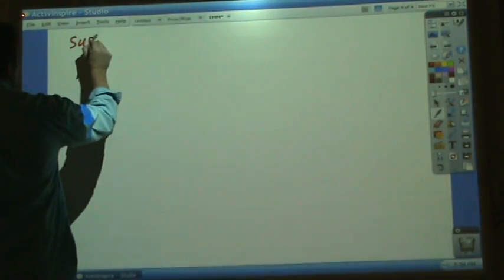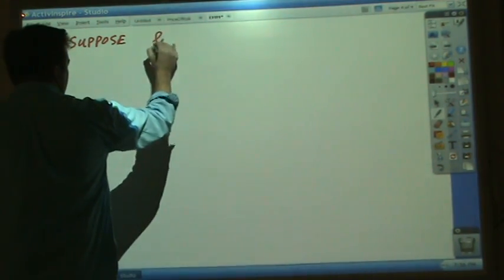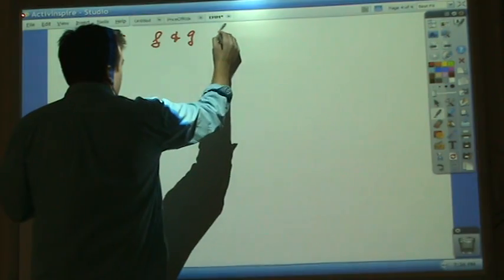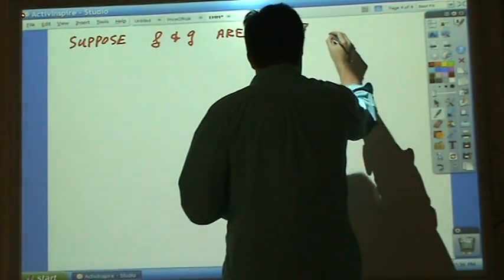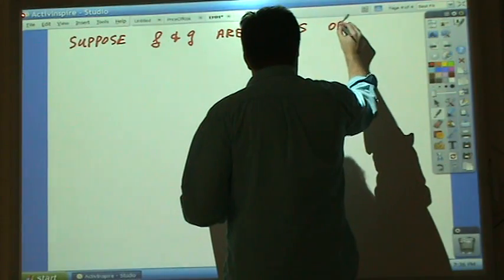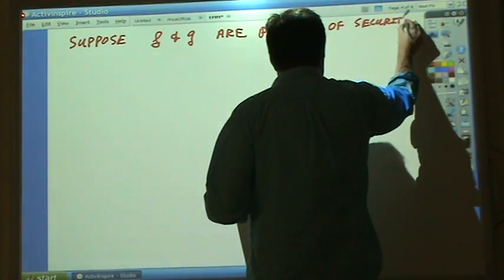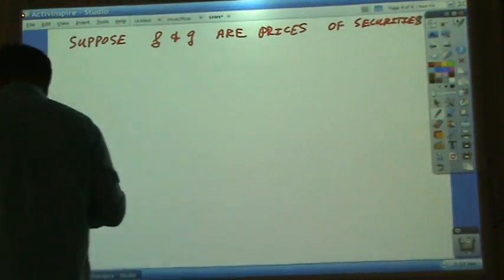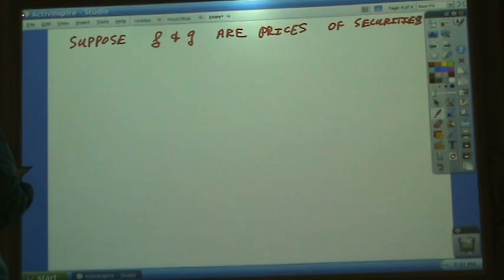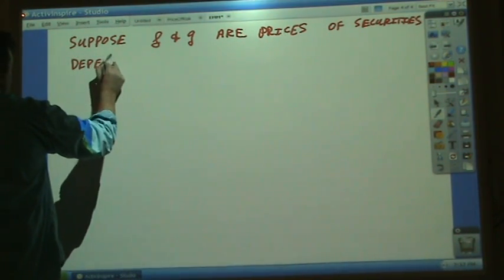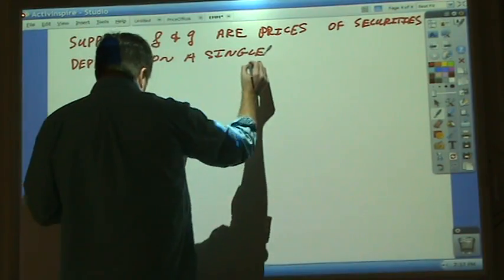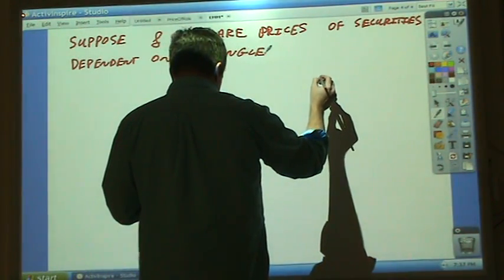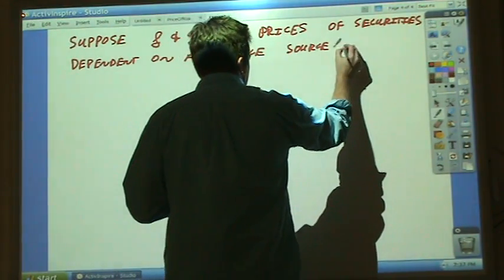Okay. So now, suppose that F and G are prices of securities dependent on a single source of uncertainty.